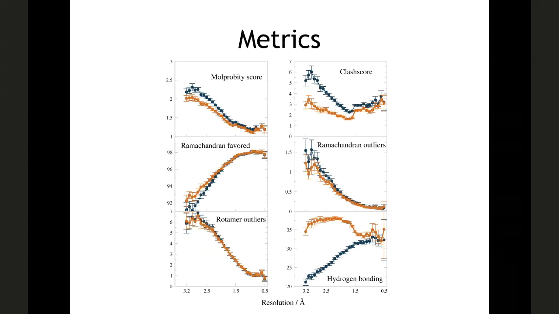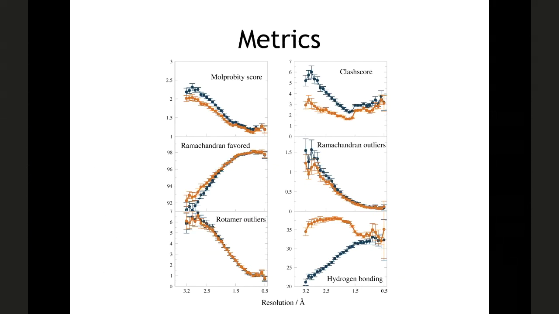The same goes for Ramachandran. The favoured is slightly better, and the outliers are slightly less. Those outliers are a very small number, so that wouldn't be a reason to do AMBER.